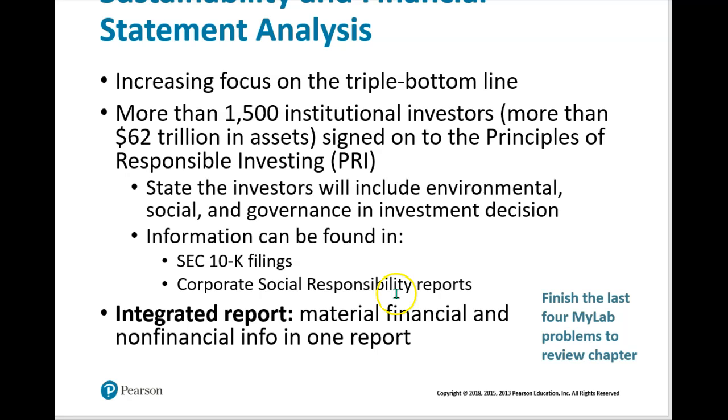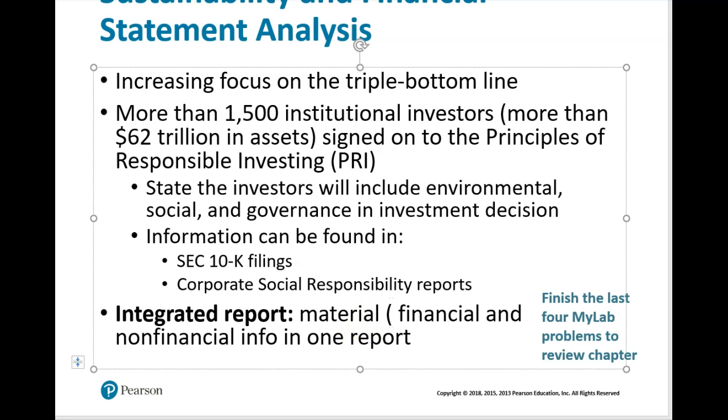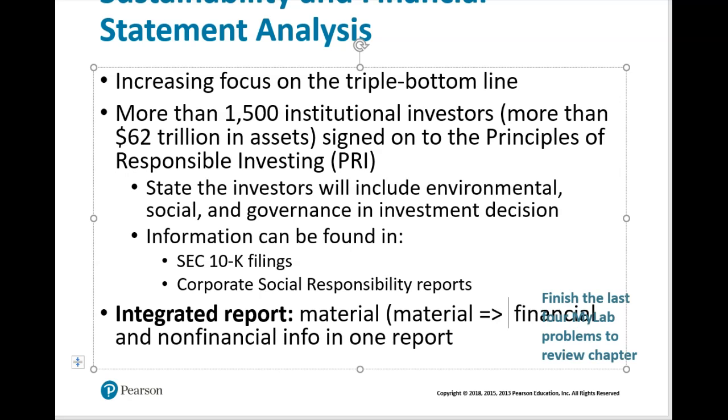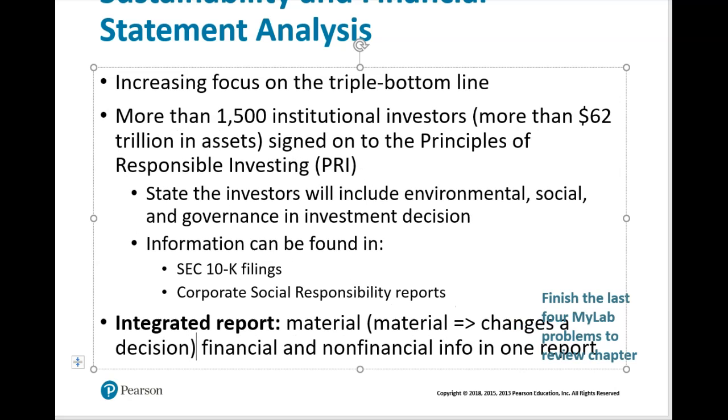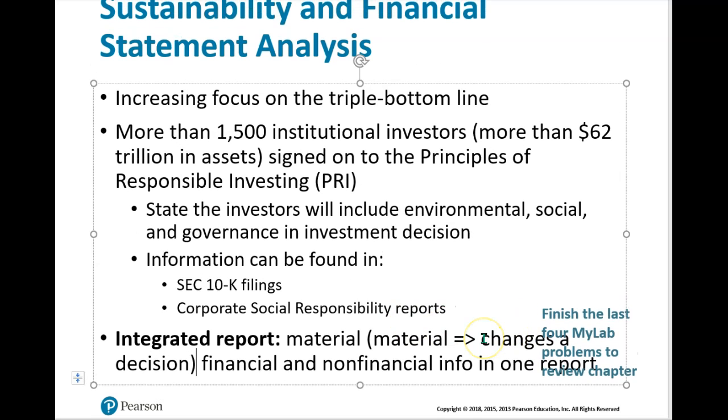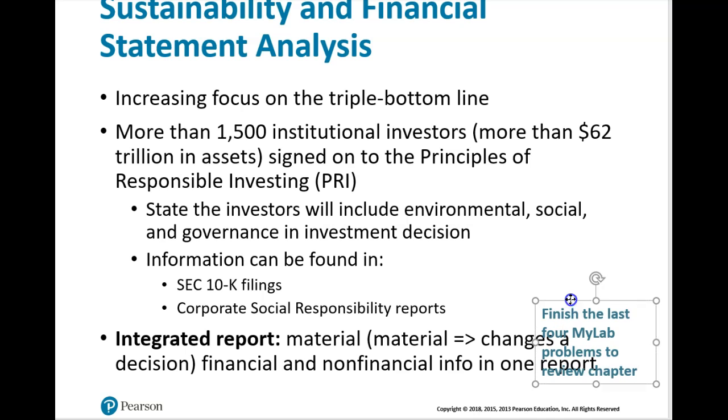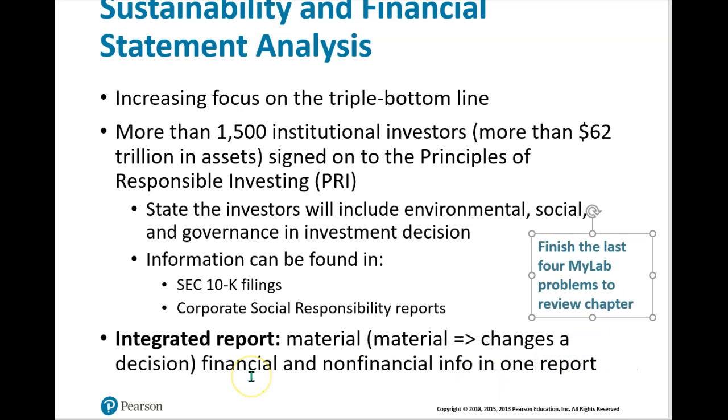So what we're doing is trying to have an integrated report that has material, or significant, information. Material means it changes a decision. That's what we mean by an integrated report.